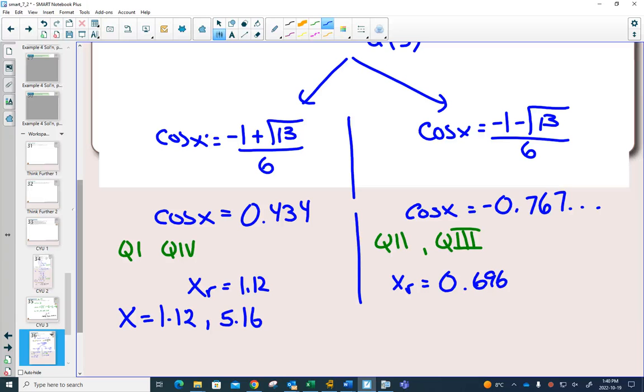Then in quadrant 2, I would do pi minus my reference angle. And in quadrant 3, pi plus my reference angle.